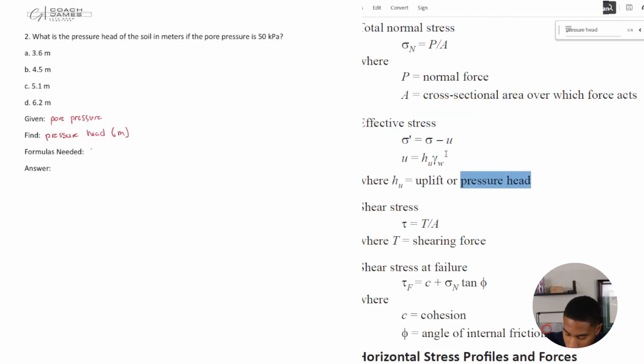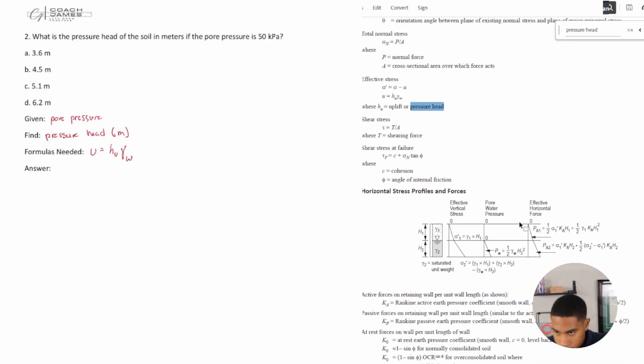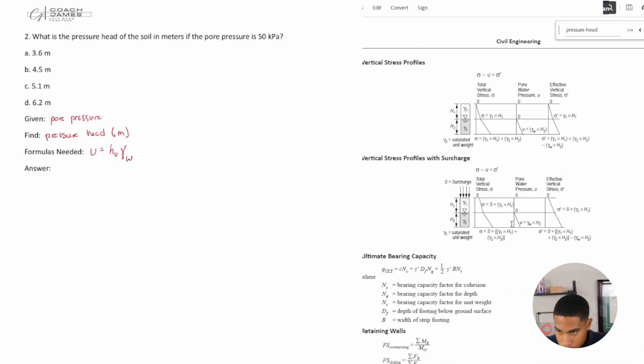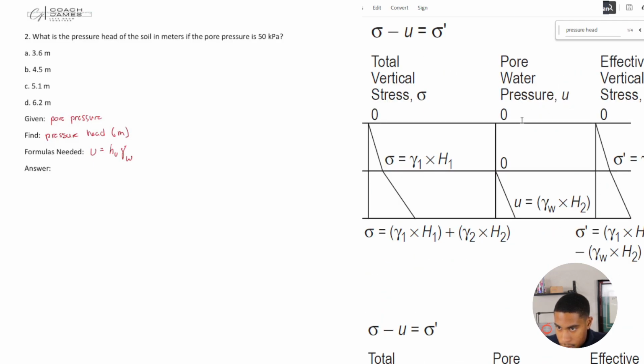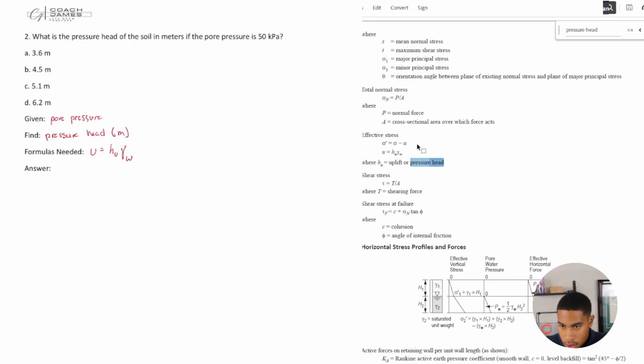So the formula we need is U is equal to h_u times gamma sub w. Okay. What is U? U is our pore pressure. So how do I know that? Well, it tells us that pore water pressure is defined by U.